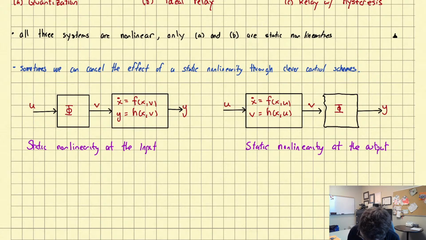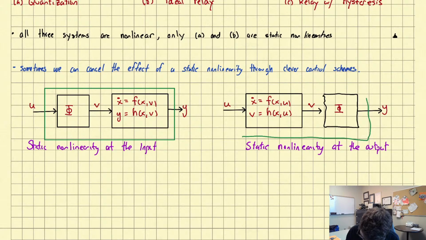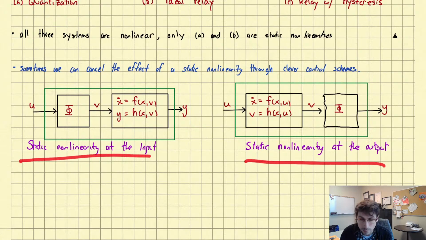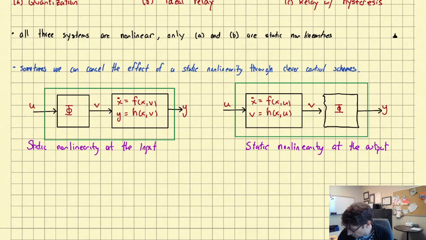So the overall plant in both cases is that guy, and there's our plant there. Okay, so you have these two systems. One has a static nonlinearity at the input over here, and one has a static nonlinearity at the output.